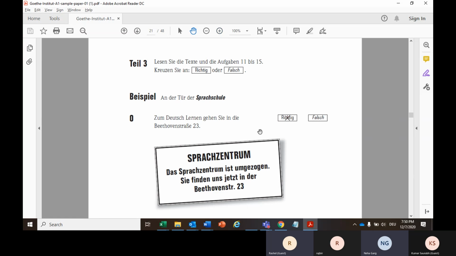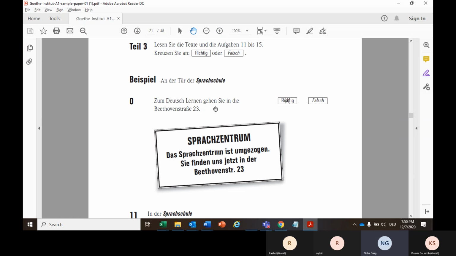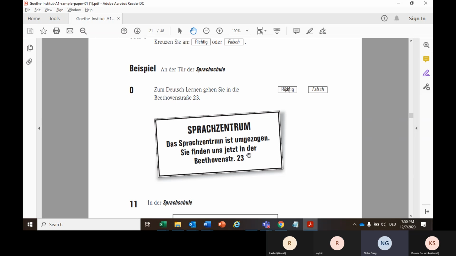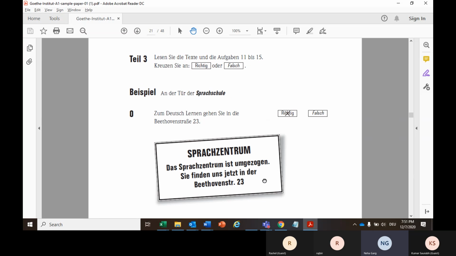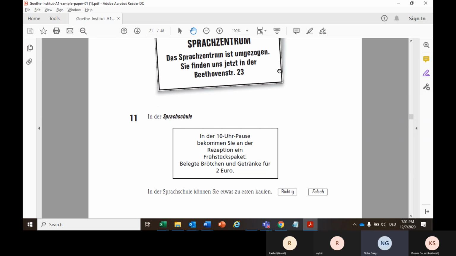So for example, for Teil 3, zum Deutschlernen gehen Sie in die Beethovenstraße 23. So to learn German, you have to go to this address. Is it richtig oder falsch? Now if you see this advertisement, the address given is Beethovenstraße 23. So that is richtig. That's how you're going to do Teil 3. Verstanden?